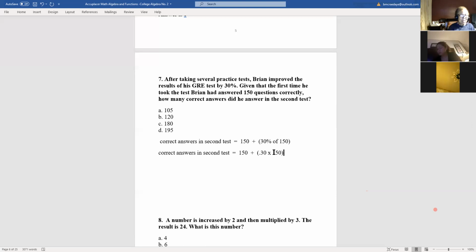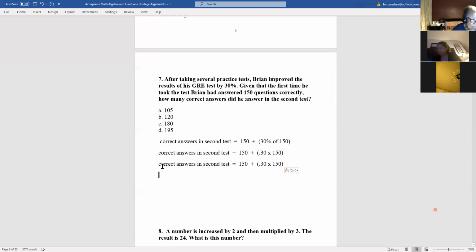I have to multiply, right? Yes, you have to multiply 0.30 times 150. What do you get? 4.5?